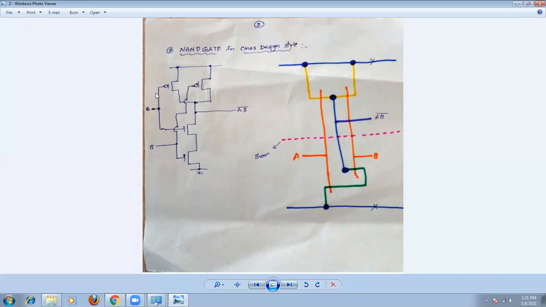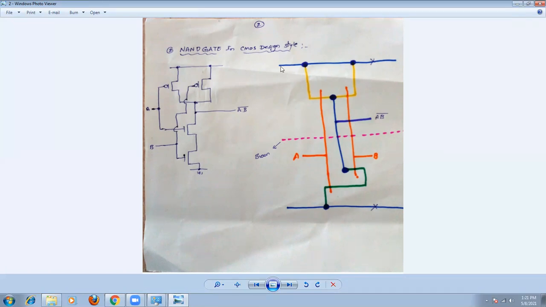It consists of 2 transistors in parallel in the pull up region and 2 transistors connected in series in the pull down region, because the NAND gate is A, B whole bar, where A, B means A into B. This is the P channel, this is the N channel. Connect the circuit like this. To draw the stick diagram, you can follow the same procedure, but somewhat different.